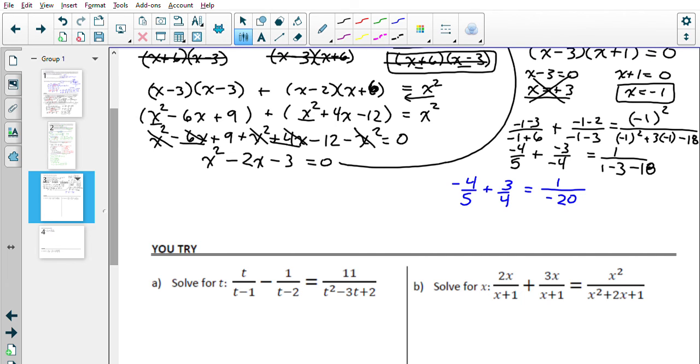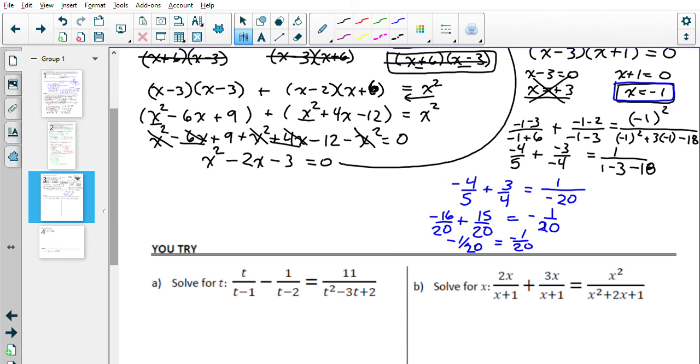And now you'll get a common denominator on the left-hand side. So this is negative 16 over 20 plus 15 over 20 equals negative 1/20, and that's exactly what you get on the left and the right. So that answer actually super duper checks out.